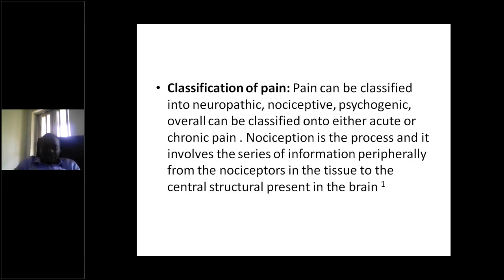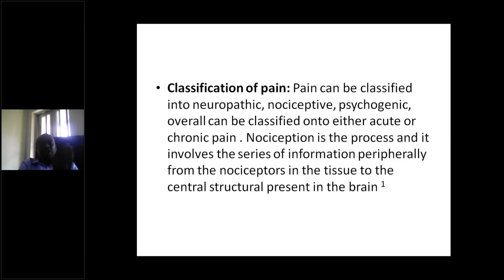Maybe you just use your leg and you step on a nail. When you step on a nail, the nail will tear the tissues of the body. When the nail tears the tissues, the nociceptors, which are the pain receptors, will be impacted. So they will take that information and send it to the brain.